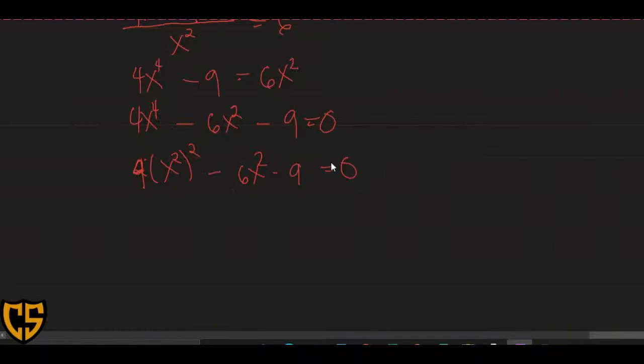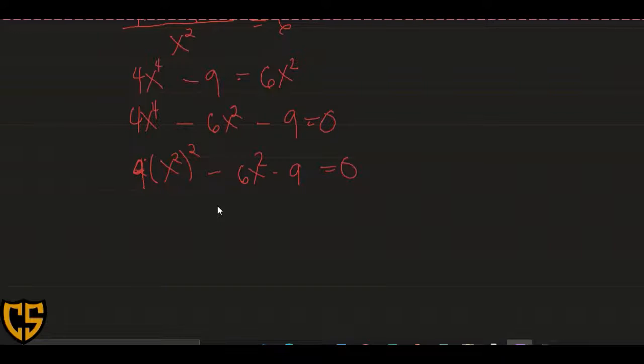So we have 4x squared minus 6x squared minus 9 is equal to 0. Then we have a quadratic form wherein we have the values of a, b, and c. We can now find the value of x squared using the quadratic formula.